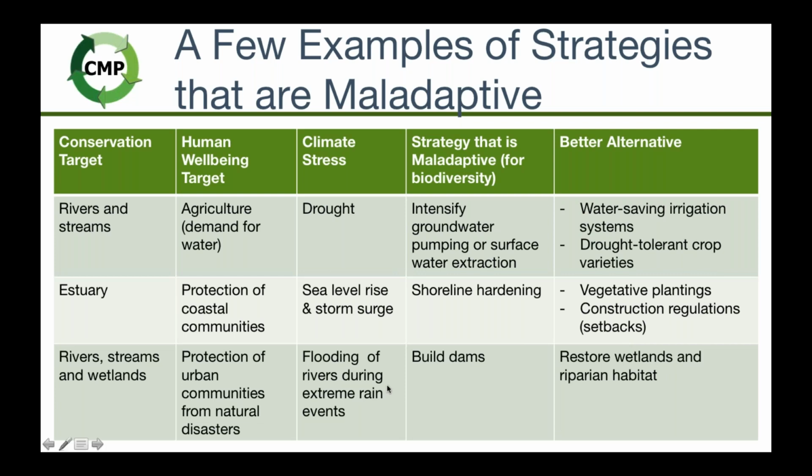And the final example, if you're working to conserve rivers and streams and wetlands, which contribute to protecting urban communities from natural disasters, and your climate stress is flooding of rivers during extreme rain events. Building dams would be maladaptive, but restoring wetlands and riparian habitat would be a better alternative.